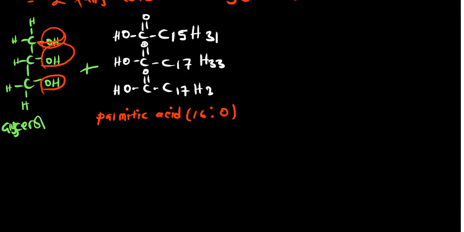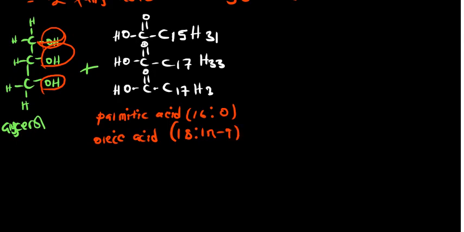Then we have oleic acid, and the notation will be 18, meaning 18 carbons. Then we have 1, meaning one double bond at position 9.